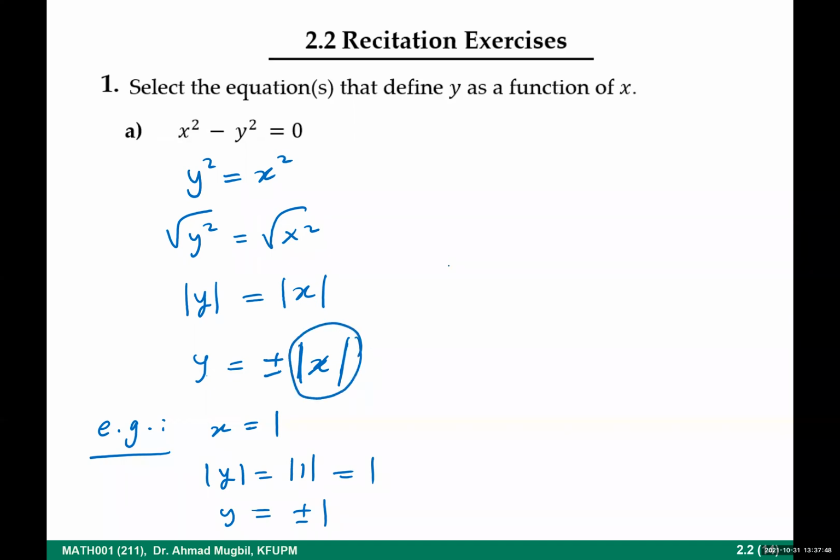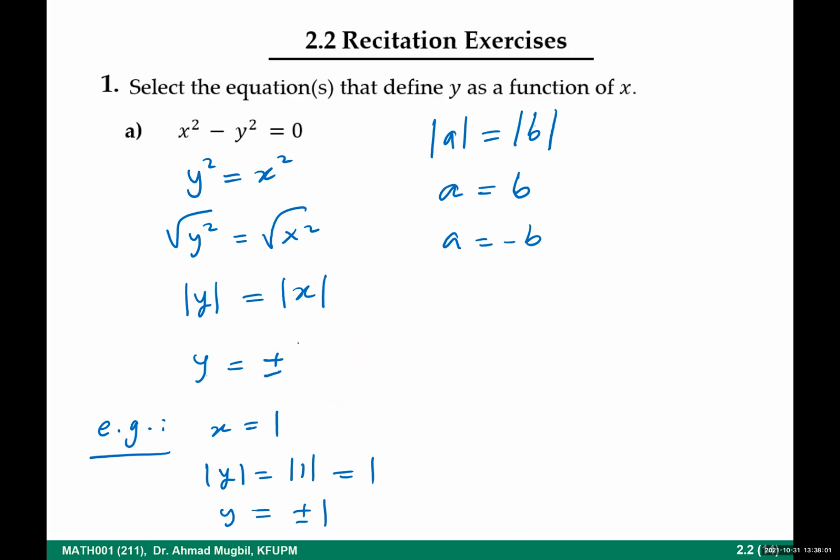So in fact, guys, we mentioned this in 1.8, when you have the absolute value of a equals the absolute value of b, this means what? a equals b or negative b. So this is why it is clear to have it like this. Because you know, what is the absolute value of x? It will be positive or negative x. So at the end, it will be positive or negative x.